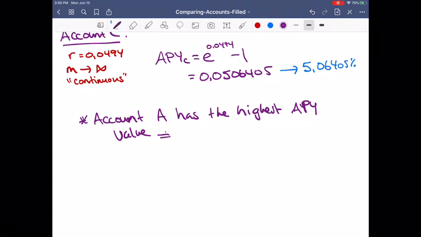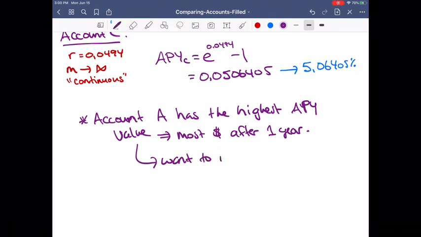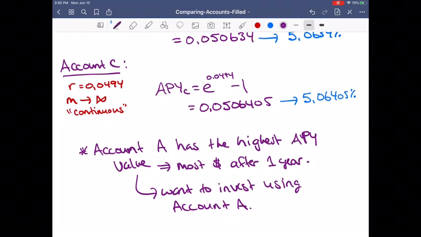That means it has the most money after 1 year, so we probably want to invest there. So when you want to compare accounts, you want to compute the APY value, because this will combine the compounding periods and the interest rate that you have.